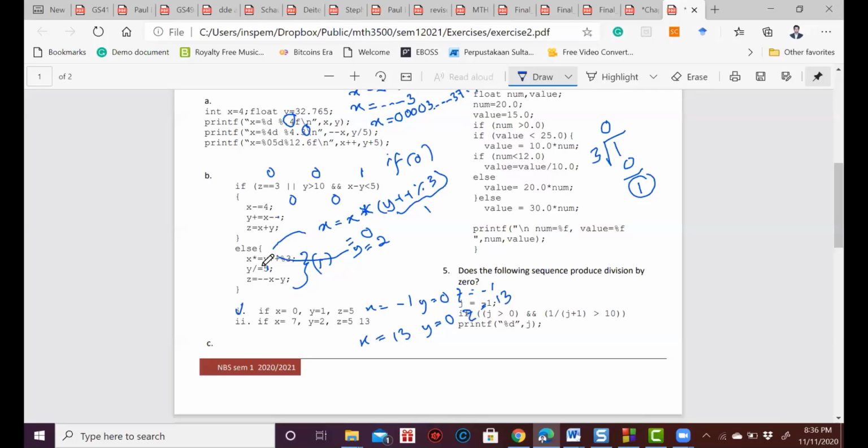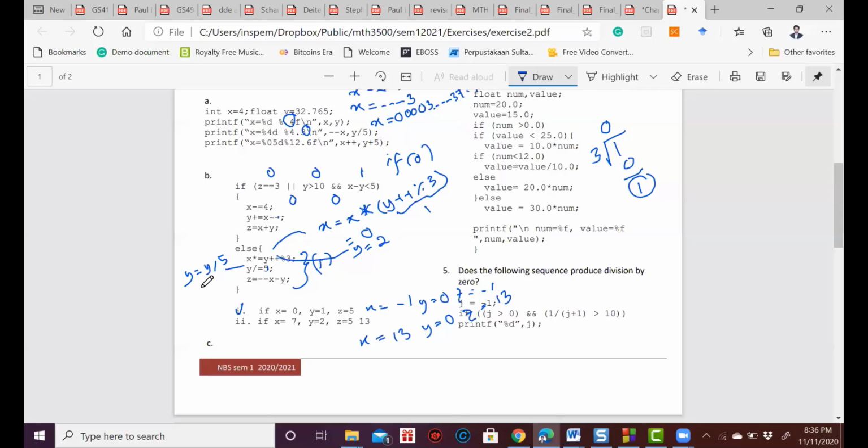Now, what is meant by y divided by 5? This one is y equal y divide 5. Now, what is y? 2, not 1, because y has changed here. So 2 divided by 5?